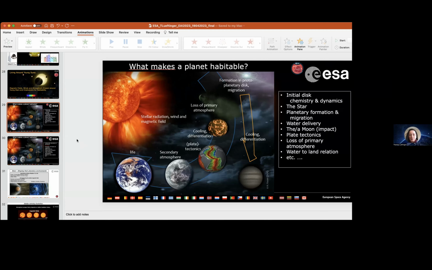So when we talk about planetary habitability, or about the evolution of a planet to a habitable stellar planetary system, there are many different factors. It's not only liquid water in the habitable zone that is important. It's a very basic main prerequisite, of course, but there are a lot of other factors to be considered when trying to answer the question if a planet is habitable or not.